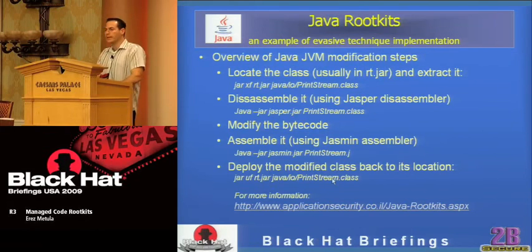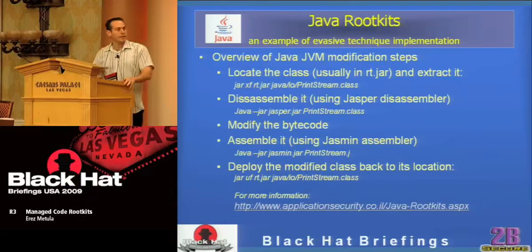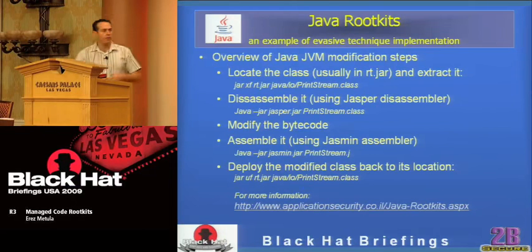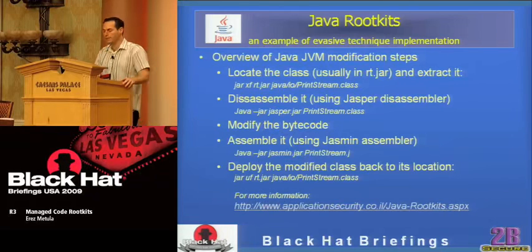This is the modified class, and I'm taking it and putting it back in rt.jar using jar uf. So this is how a modification of one class can be done. For more information, you can go to the site, applicationsecurity.co.il, Java Rootkits, and have more information about it.